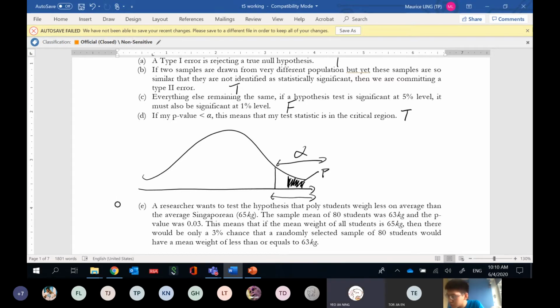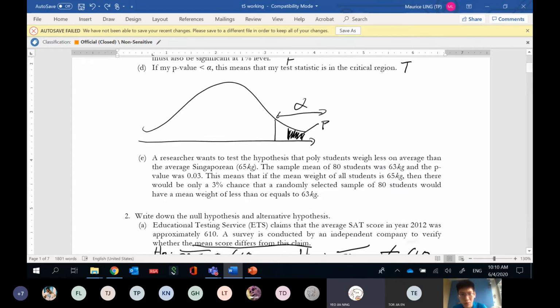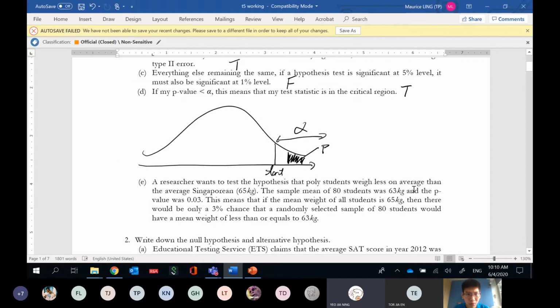This is the t critical, or z critical. Then your statistic, this is the t statistic, will always be in the critical region. Okay.